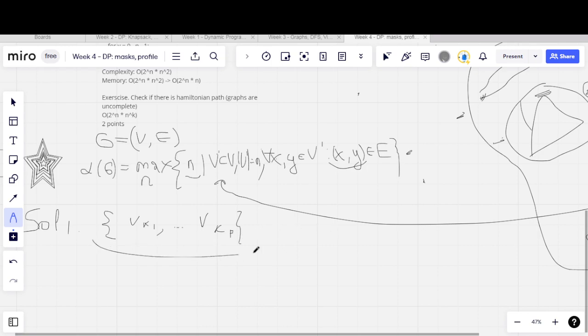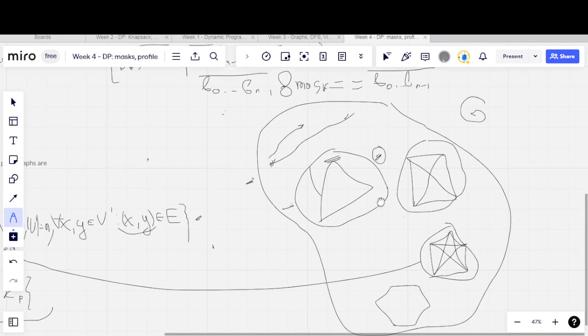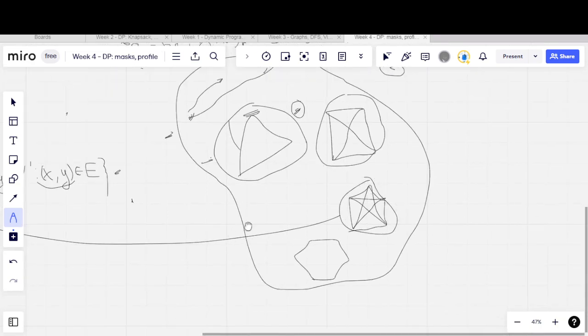We consider all the subsets. The count of subsets will be 2 to the power of n, and then what do we do? We just check this condition.